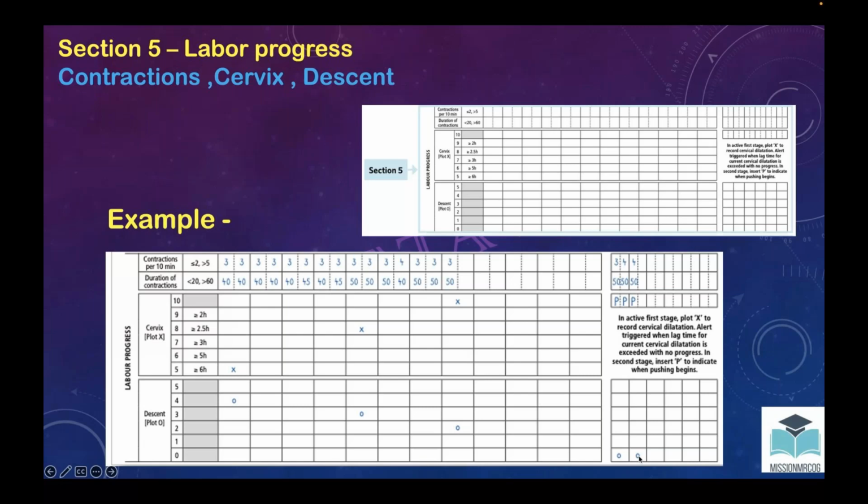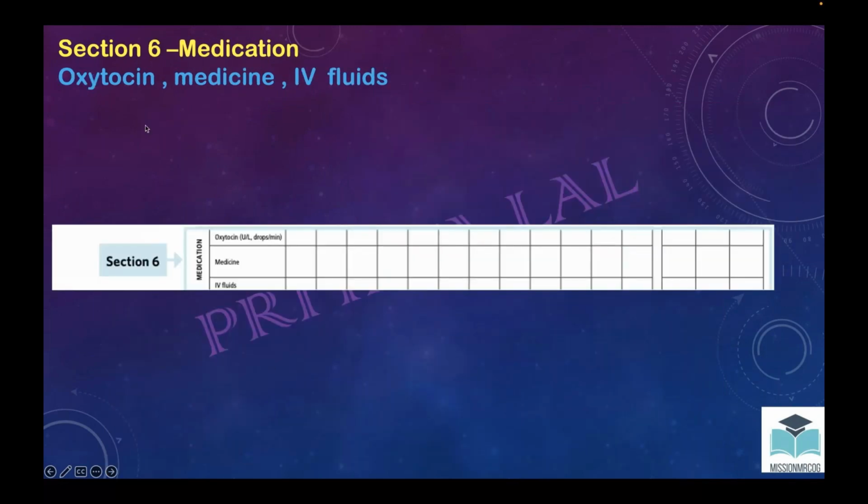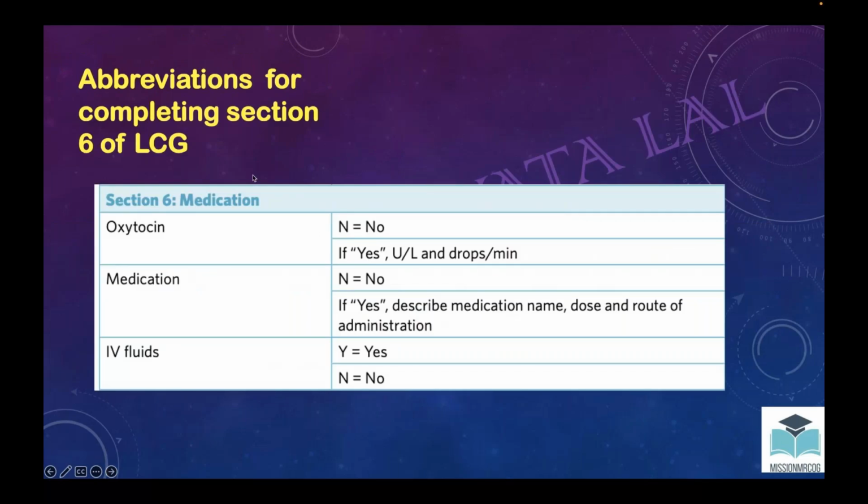So this is an example of a filled section 5 of the LCG. Now this is section 6. Section 6 is medication, oxytocin, medicine, and IV fluids. These are the abbreviations for section 6 of the LCG.